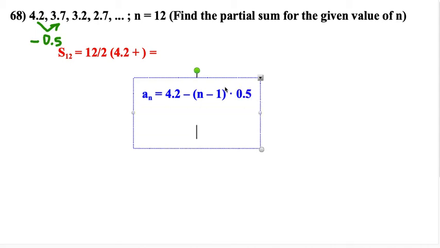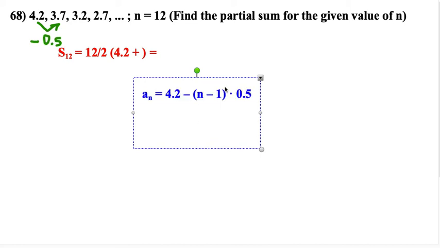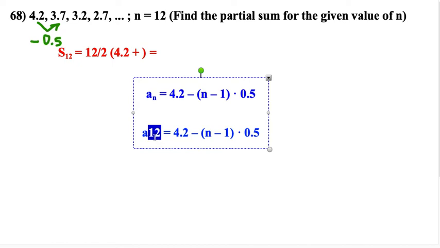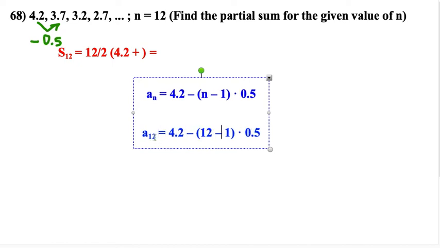So then what I can do is copy this, except I can plug in the value that I need, which in this case is 12. So this becomes 12, and this becomes 12.